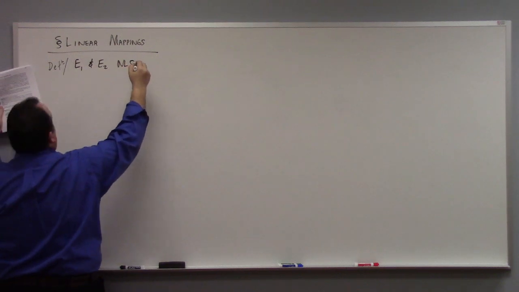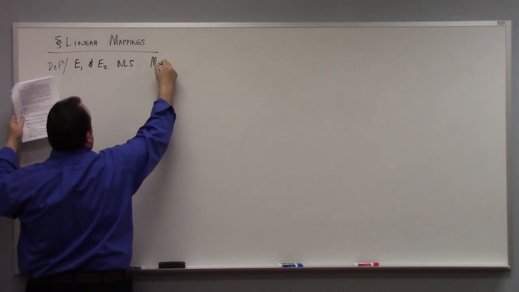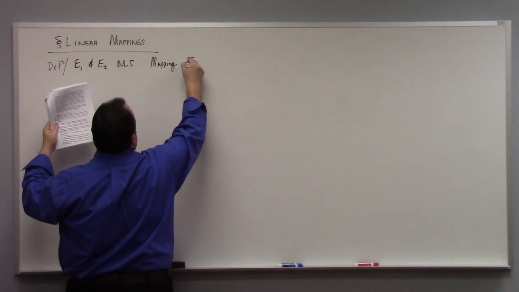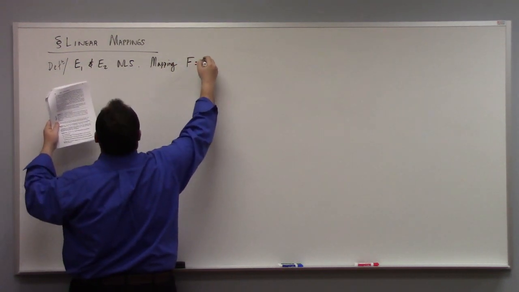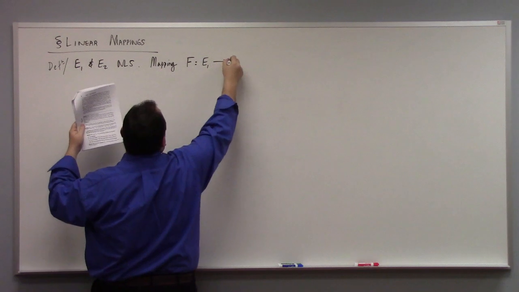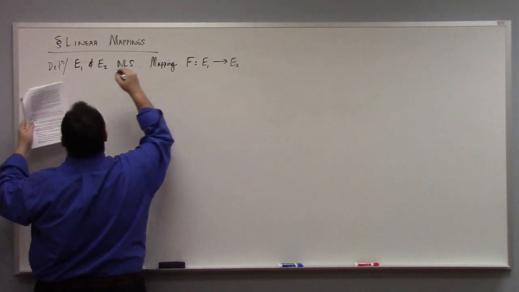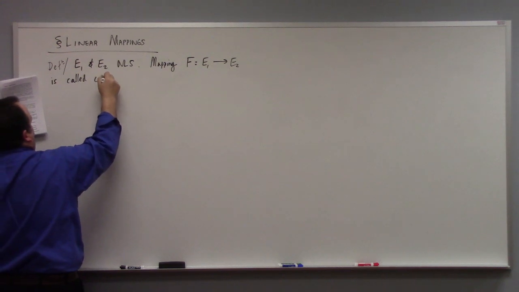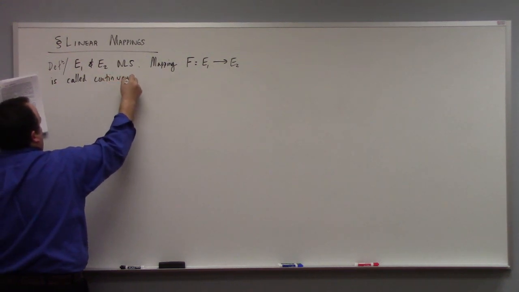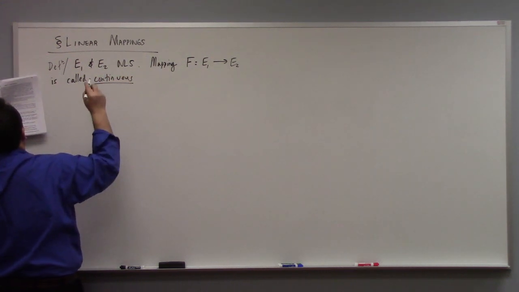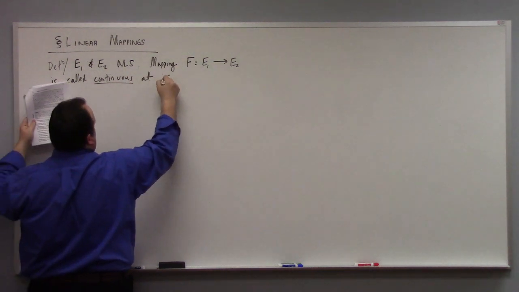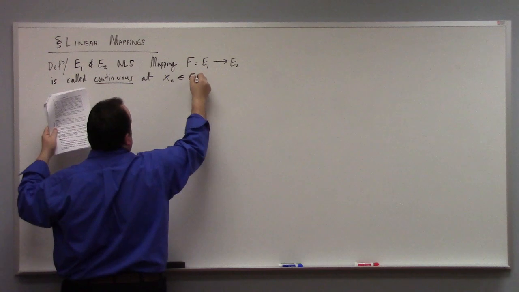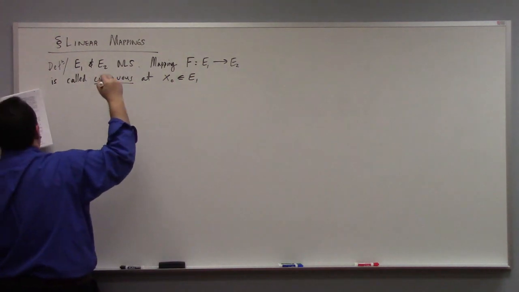A mapping F from E1 into E2 is called continuous at x naught, an element of E1, if what?